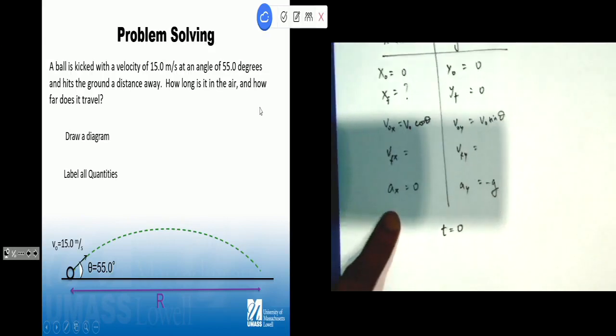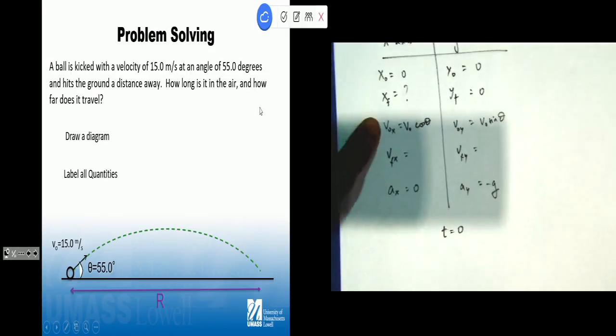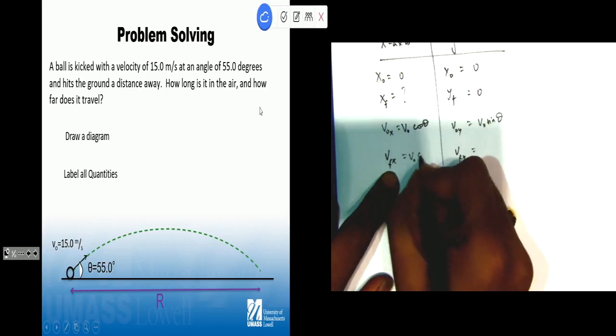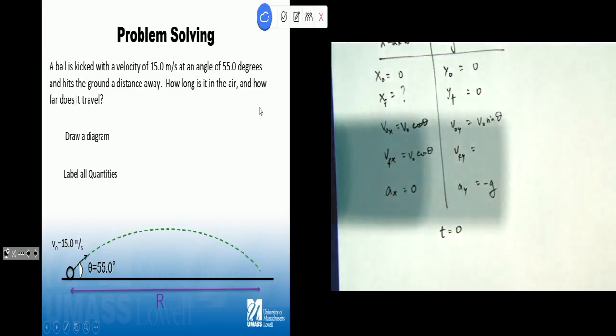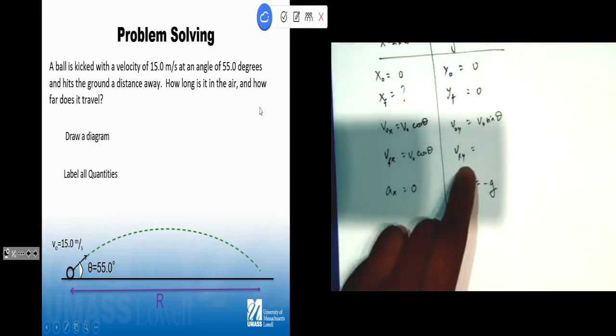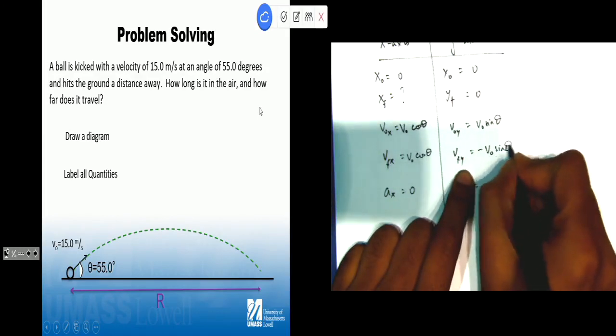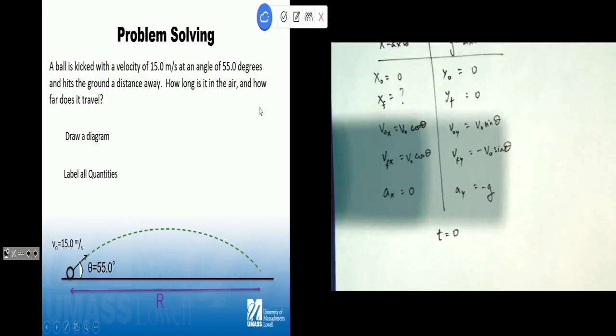If acceleration in the x is 0, this can't change. Right? That's what this means. Acceleration being 0 in the x-axis means velocity in the x-axis is constant. Right? So this guy is the same as it was in the beginning. Doesn't change. Right? This guy is the negative of what it was in the beginning, because how fast you throw it up, right?